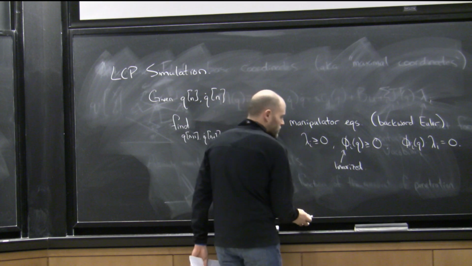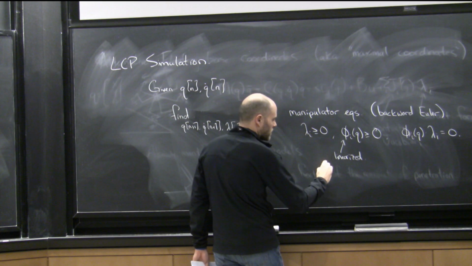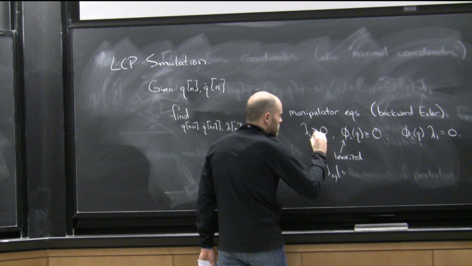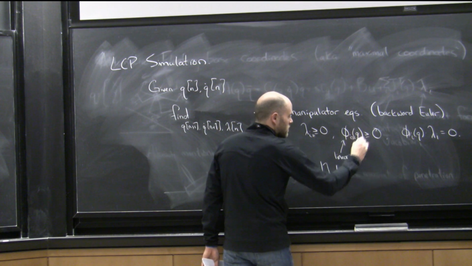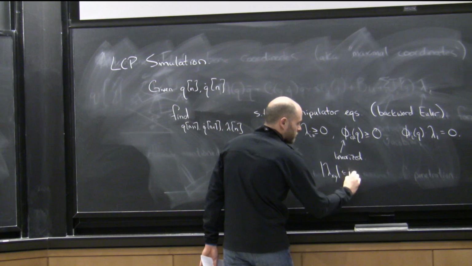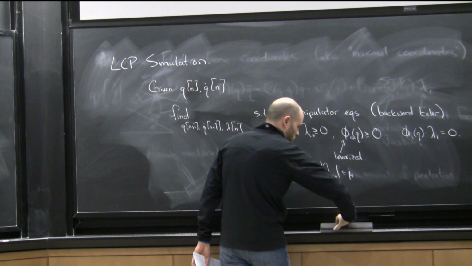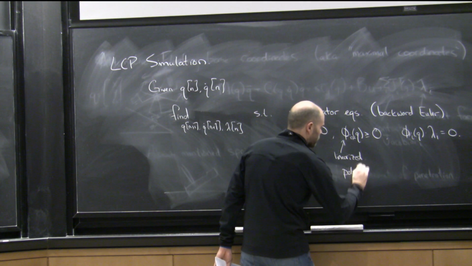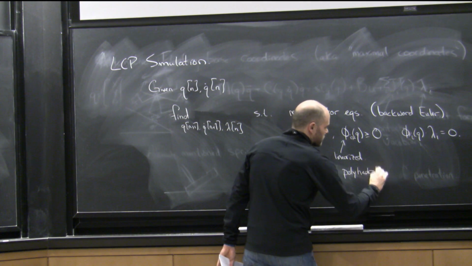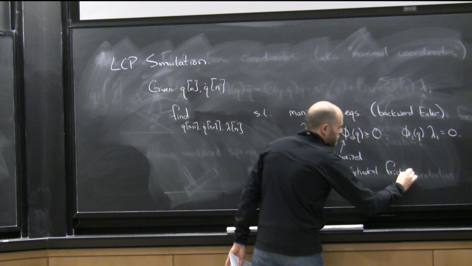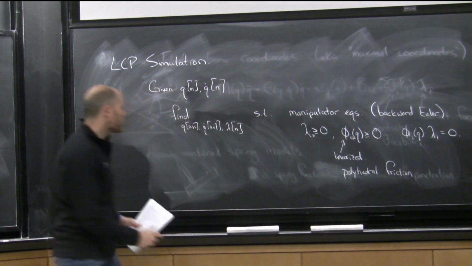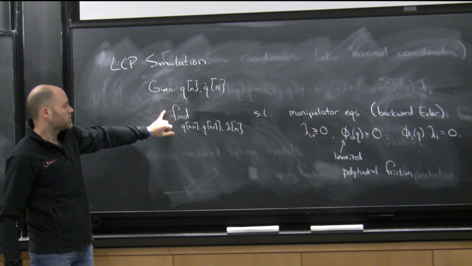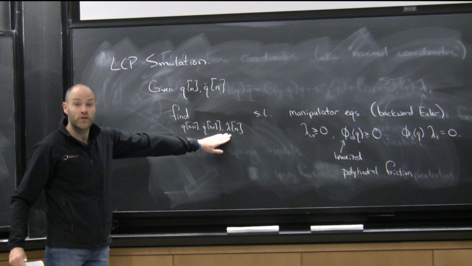And then any constraints you have for friction, I'll just write polyhedral friction. Okay, so it's a feasibility problem with extra decision variables, including your contact forces.